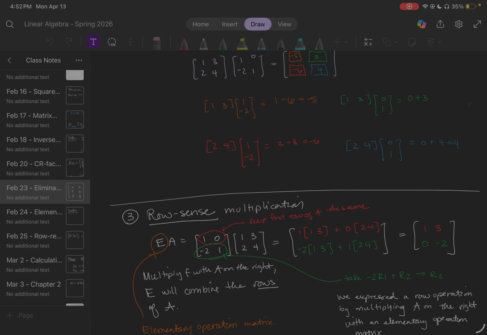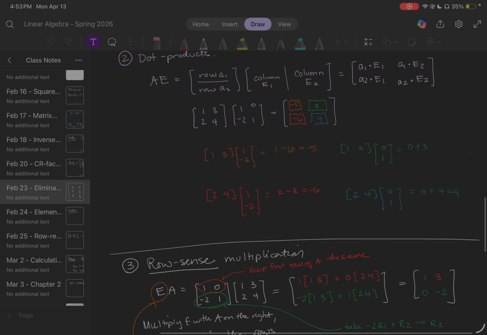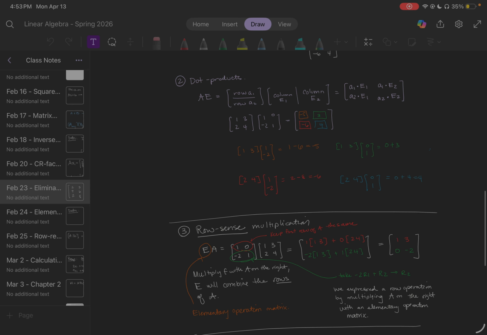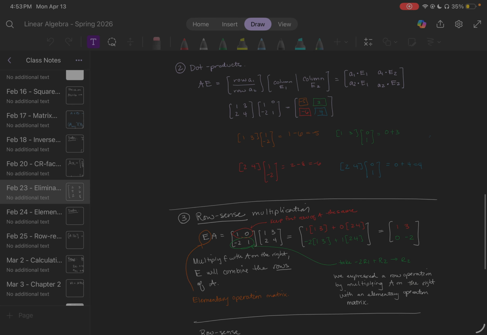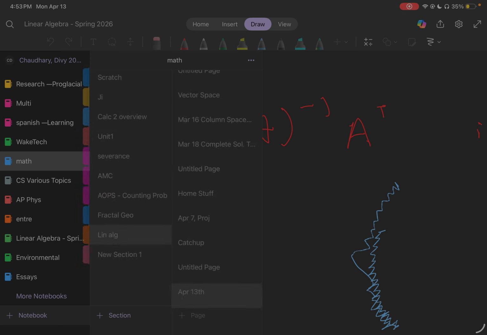Does that make sense? This row sense is probably hardest, but I think the two new ones we've learned are dot products and row sense. So I'm going to do a little bit of a review.